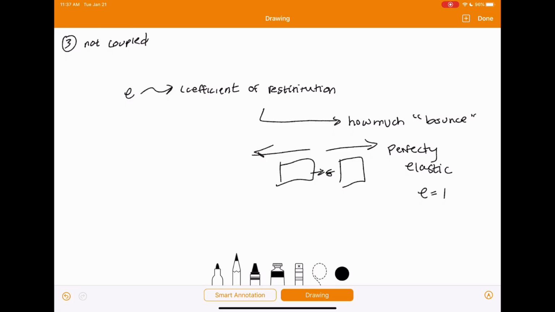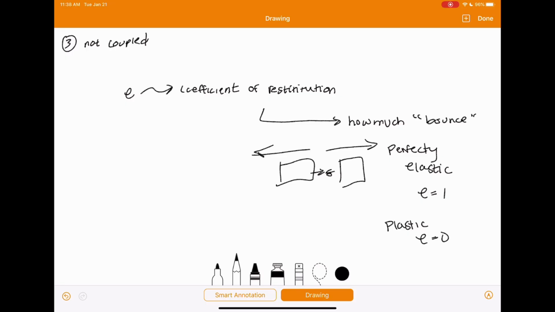Now, if they don't have a tendency to bounce back away from each other and they stick together, like we were talking about with that coupled thing, then they are plastic or perfectly inelastic, and E equals 0. All right, and anywhere in between is in that range between plastic and perfectly elastic.